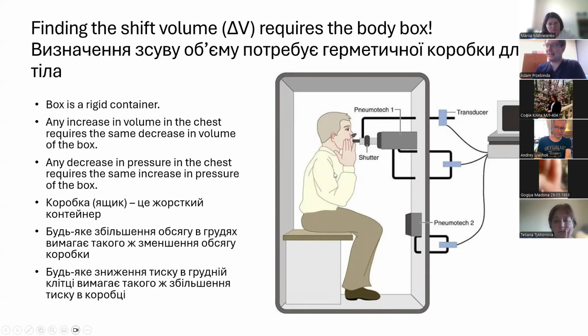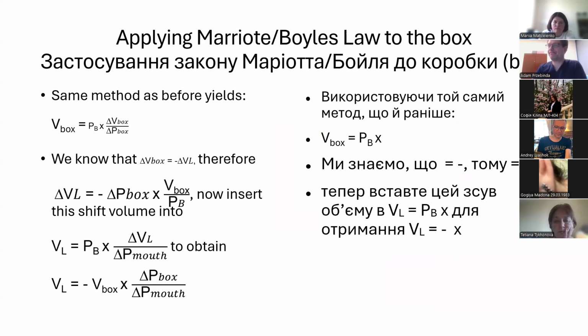And so any increase in size of the chest or the volume of the person requires the exact same decrease in the free volume of the box, V box. And any decrease in pressure in the chest requires the exact same and opposite increase in pressure in the box. Okay? So that's the principle.